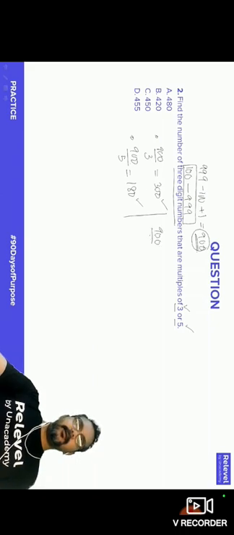So 900 by 15, 60 numbers. So the number of terms that we need are 300 plus 180 minus these 60, because these 60 have been double counted in these two. That gives us 480 minus 60, 420 numbers. That's option B.